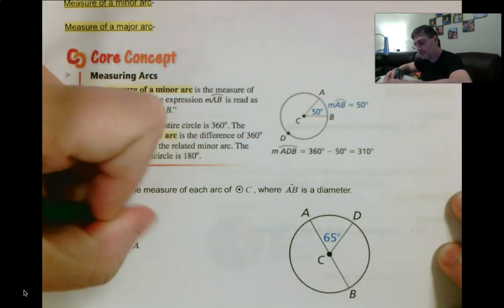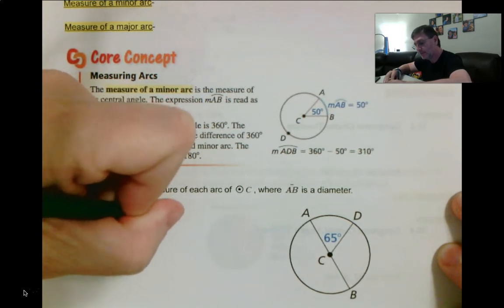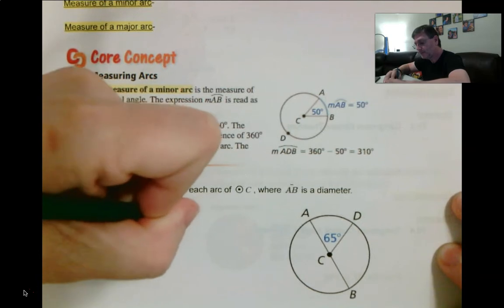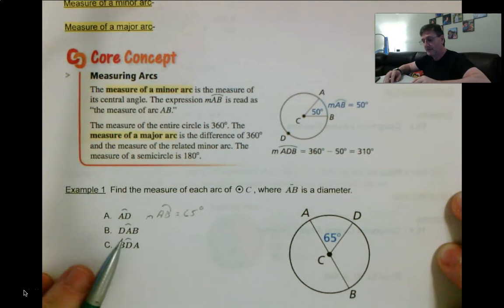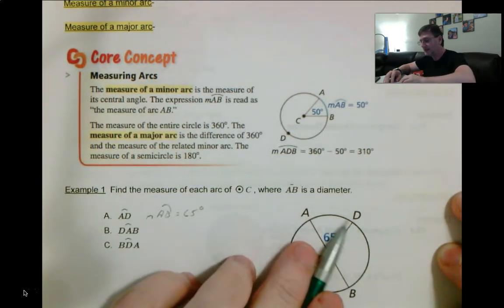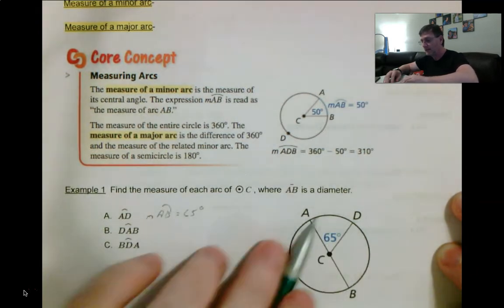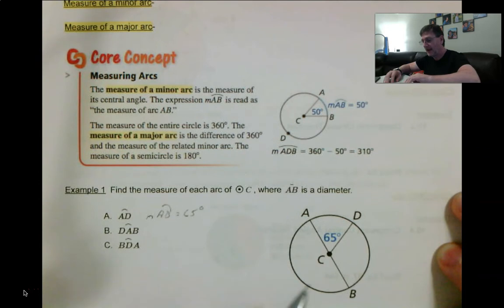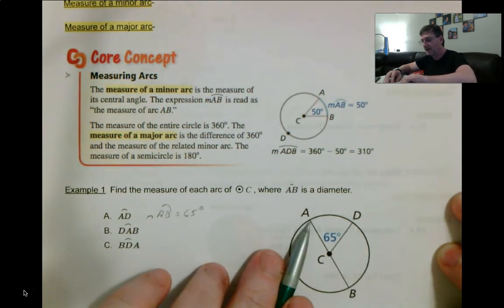So the measure of arc AD is equal to 65 degrees. Now, arc DAB starts at D, goes through A, so it has to go this way. It can't go this way because it goes through A and ends at B. So we already know this is 65.